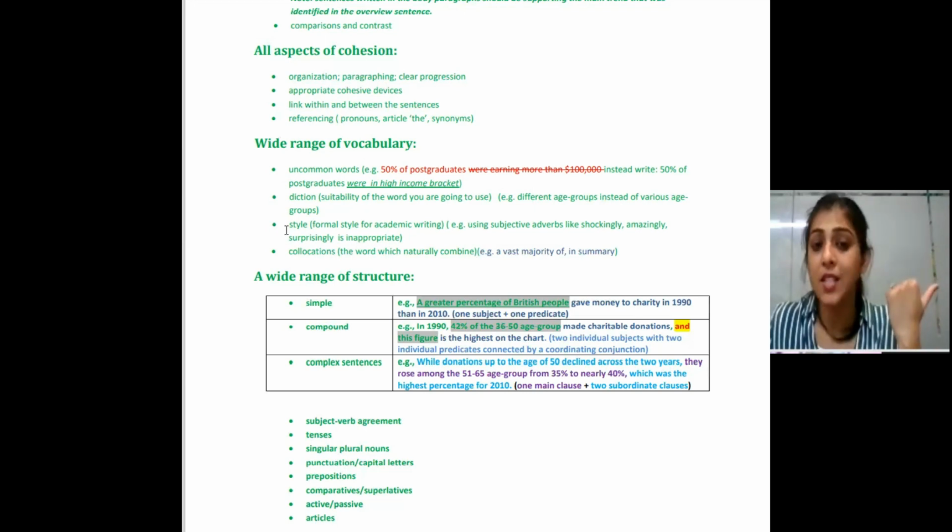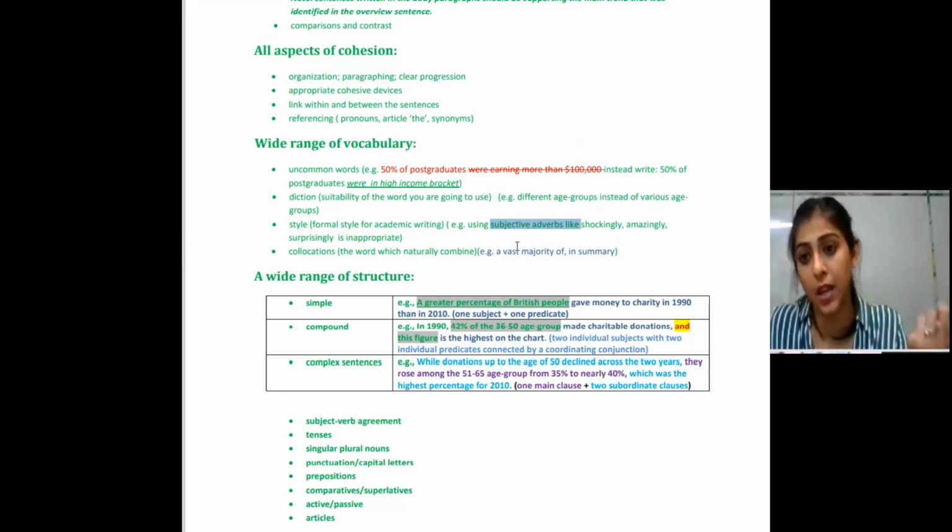Next is style. Style should be formal for your academic report writing. What do I mean? Sometimes students make the mistake of using subjective adverbs in their writing task 1. Subjective adverbs are those which show emotion, like amazingly, shockingly, surprisingly.